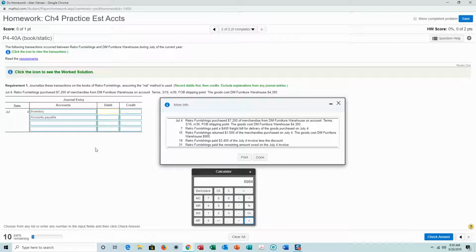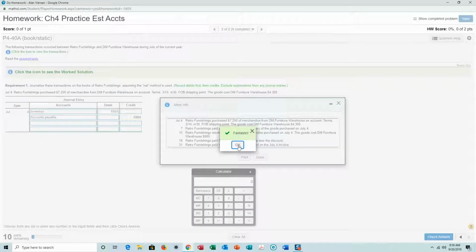Or if you'd like, you can just say 7,200 minus 3% because that's the discount, but it's the same as multiplying it by 97%. Okay, so then that amount we had was 69.84. We'll check the work, and it says fantastic.